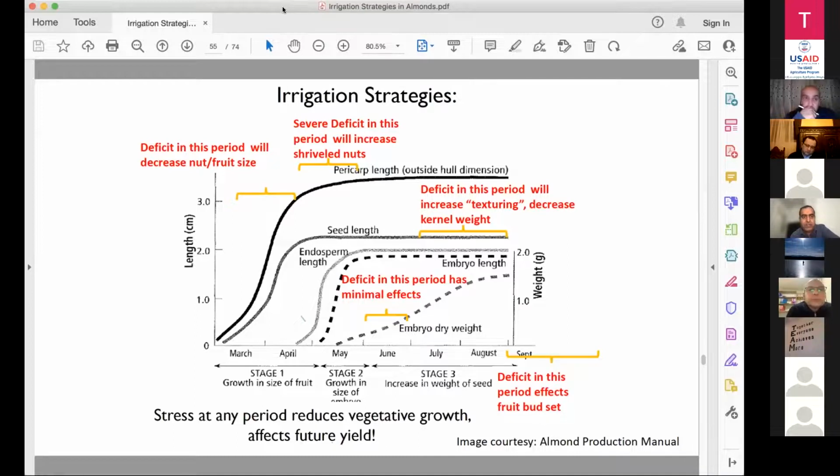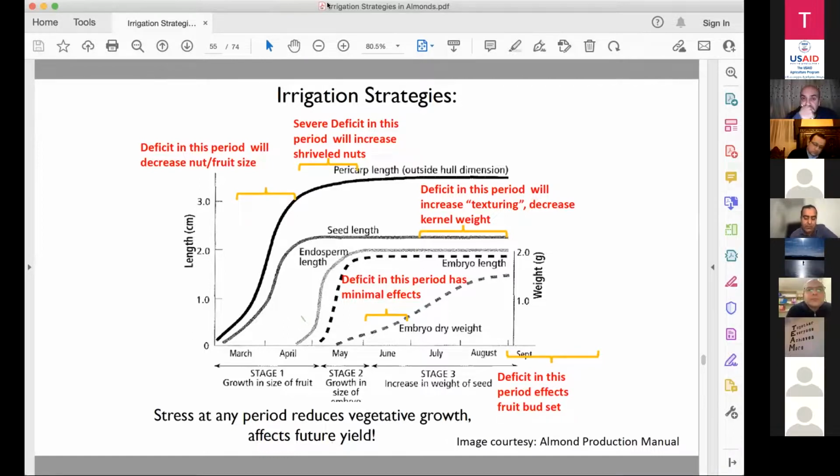In terms of percentage, it depends on the full water demand. However, most of the production function studies tell us that if you reduce the water by 8 to 10% over the season, there is no effect on the yield.